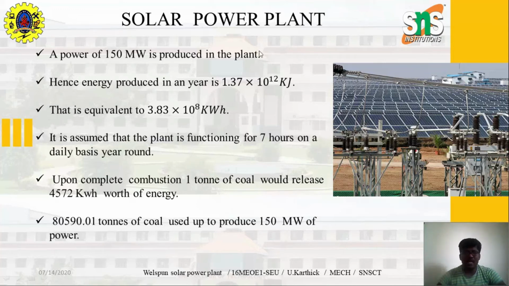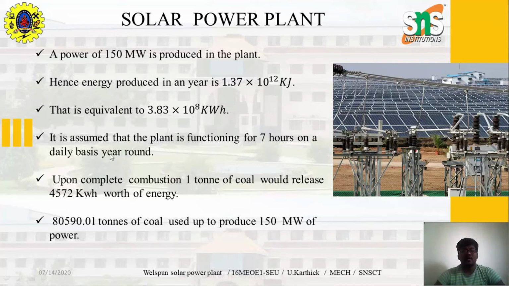The total power capacity is 150 megawatt, and per year energy produced is 1.37 into 10 power 12 kilojoules. In terms of kilowatt hour, it is likely 3.83 into 10 power 8 kilowatt hour. Our assumption is the plant is operating around 7 hours daily. Per year around 300 working days of sunlight are available, right?